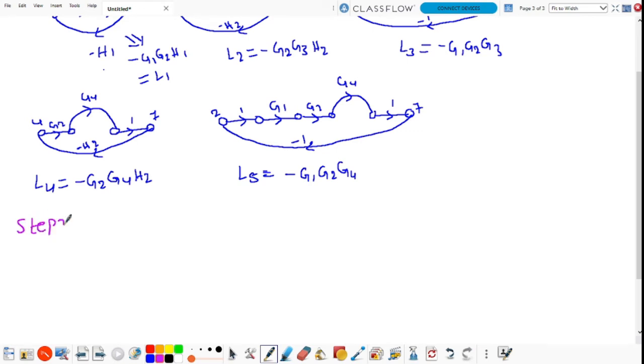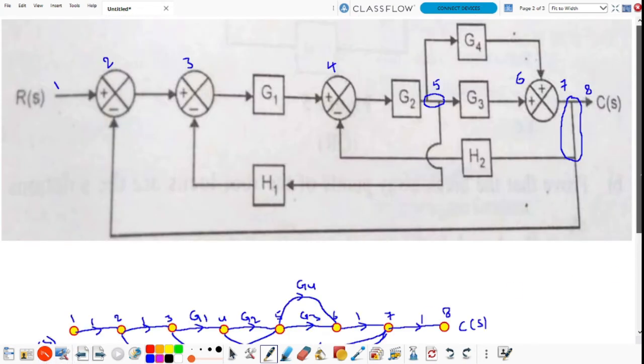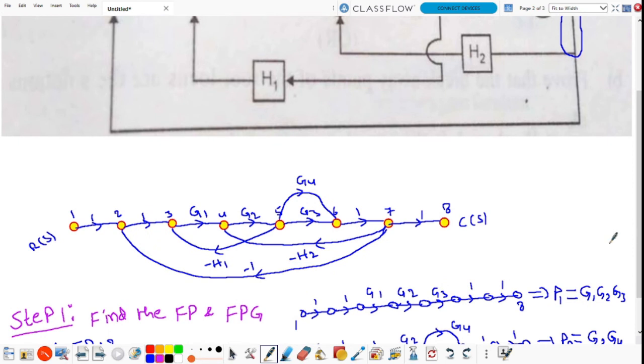In this signal flow graph, there is no possible combination of two non-touching loops, and there is no possible combination of three non-touching loops.